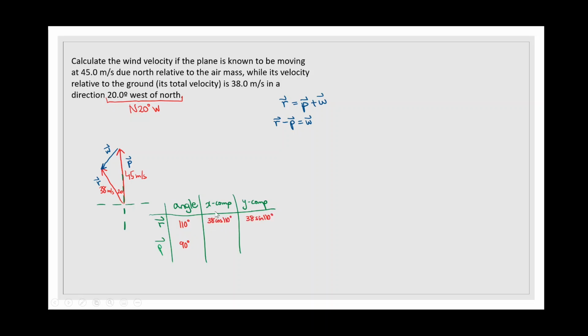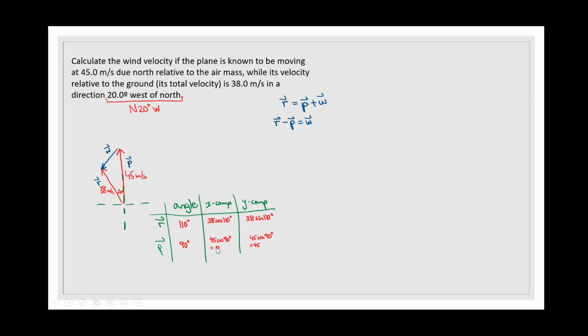And so for the x component, it's 38 magnitude of the resultant, multiplied with cosine of the angle at which this resultant is towards the x-axis. And with the y component, it's going to be 38 with sine of 110 degrees.